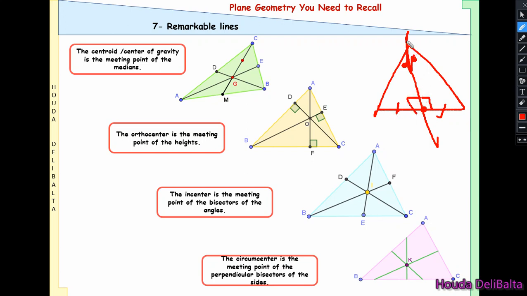Similarly, if we have that this is a bisector of the vertex, then we can discover that it is also a perpendicular bisector. That's a property of the isosceles triangle.